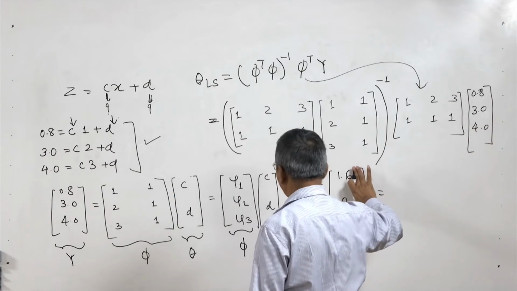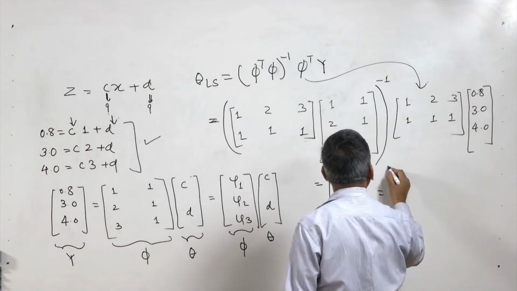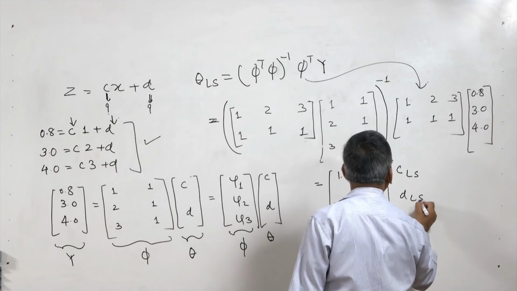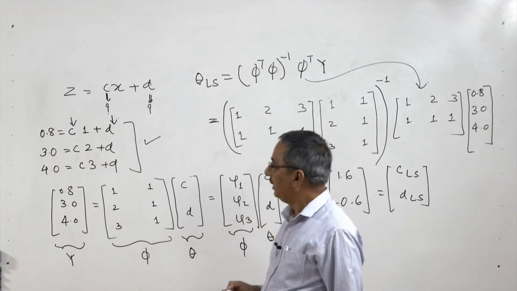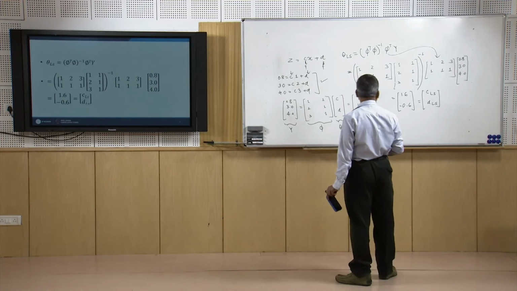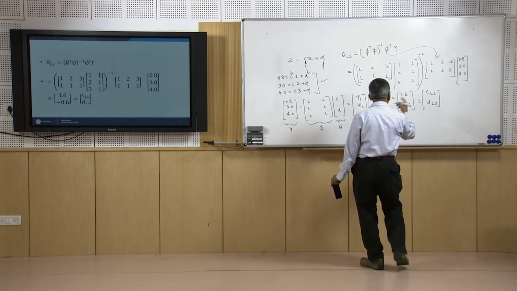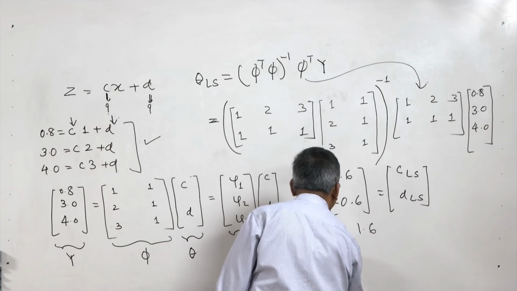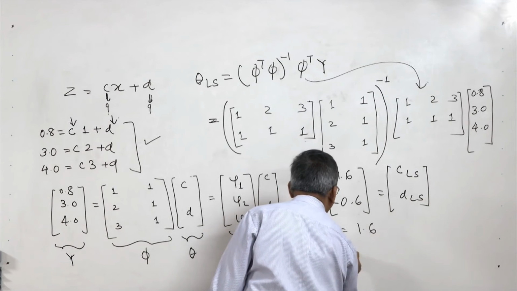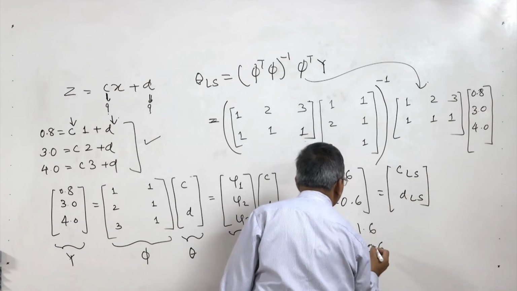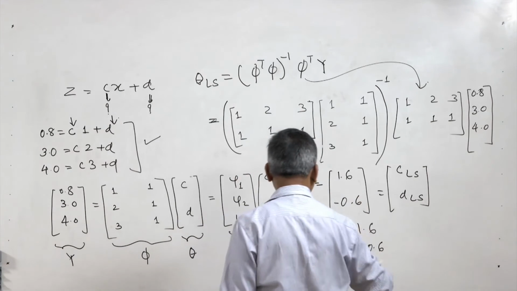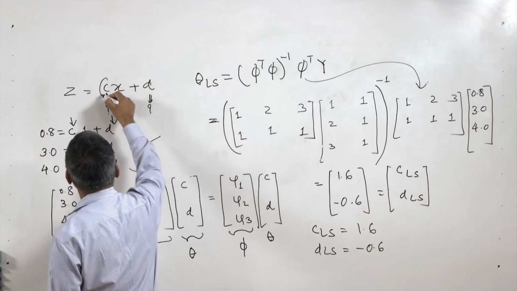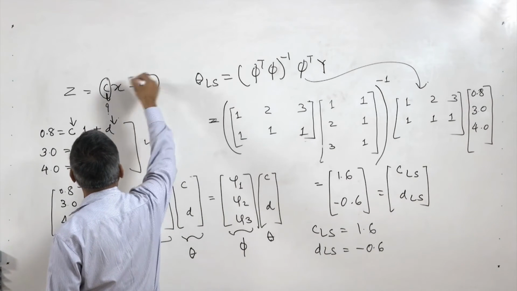So, whatever we have got here is nothing but our C least square, and this is D least square. So the C least square value will be 1.6 and the D least square value will be minus 0.6. This is how we can estimate these values of C and D.